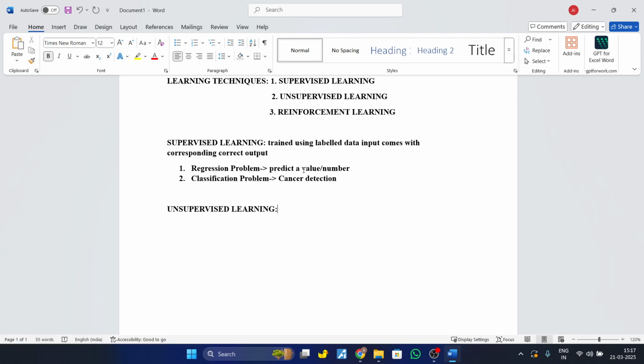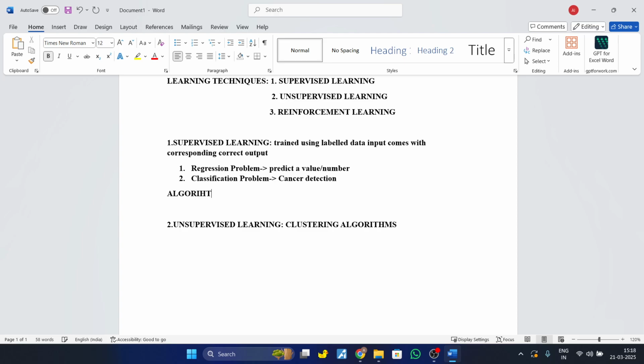Some algorithms used in unsupervised learning are the clustering algorithms. So in unsupervised learning, you're going to make use of clustering algorithms, and in supervised learning, you're going to make use of, okay, I didn't write the algorithms. Let me just write down the algorithms used.